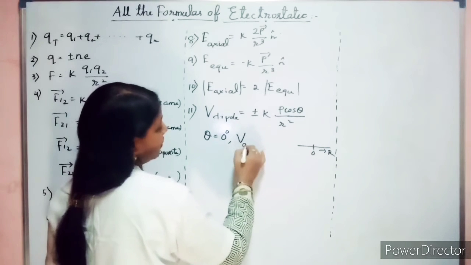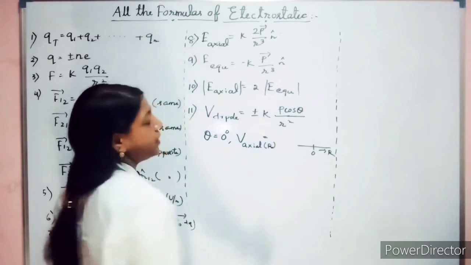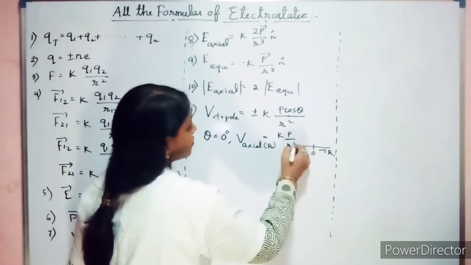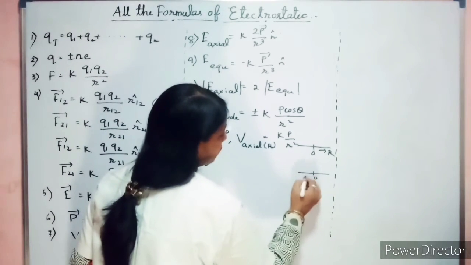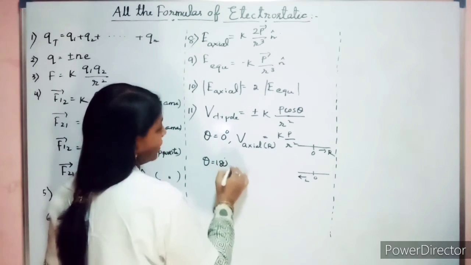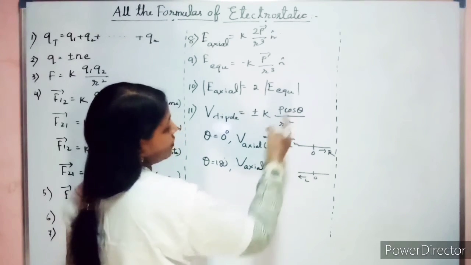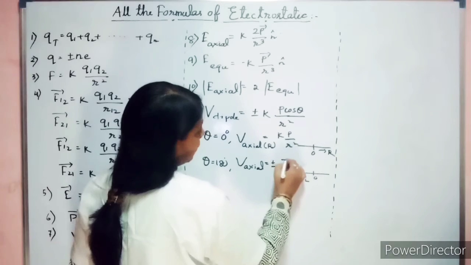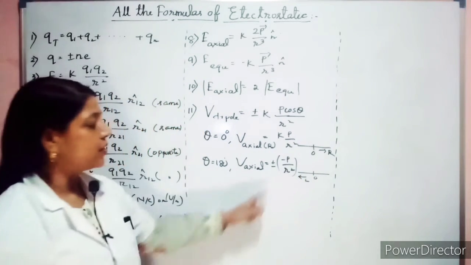Then what is your V on the axial, towards right? How much will it be? Cos 0 will be 1, so it is Kp by r square. Similarly, on the axial line from 0 towards left, theta equal to 180 degrees. Then your V axial is plus or minus Kp by r square, depending on the charge.